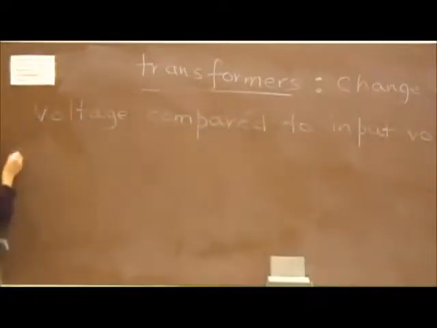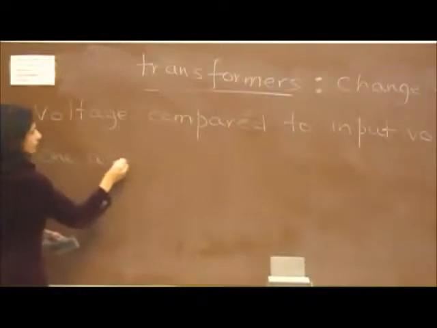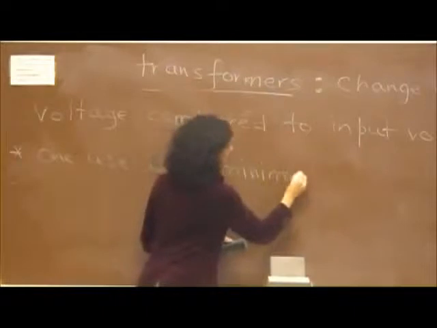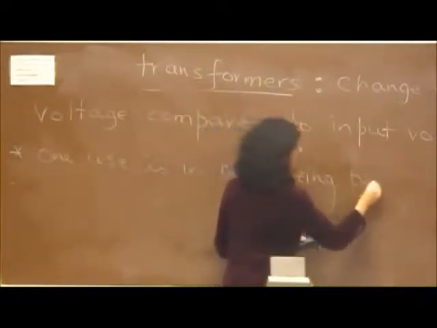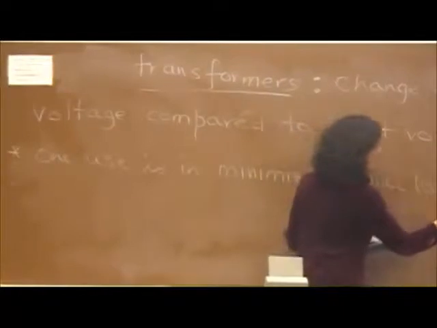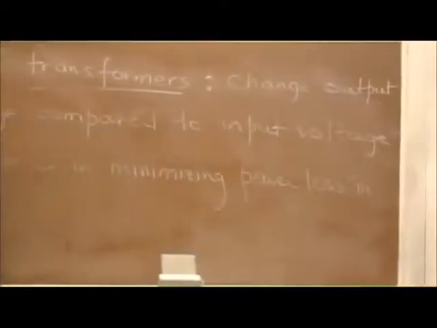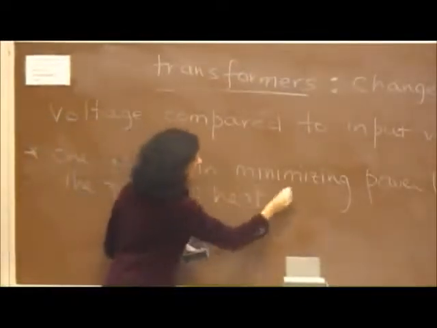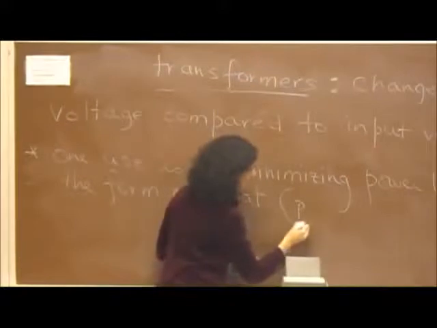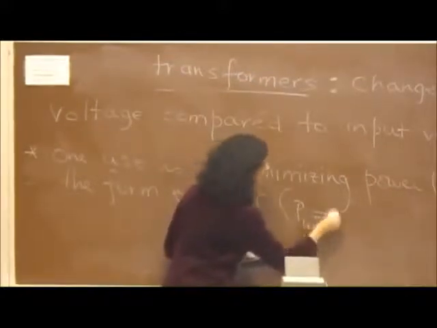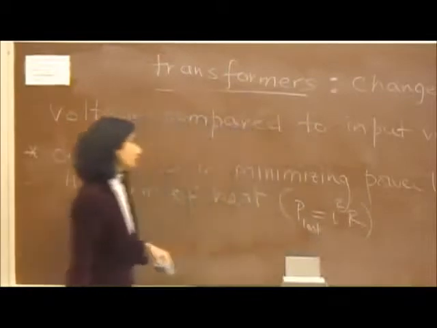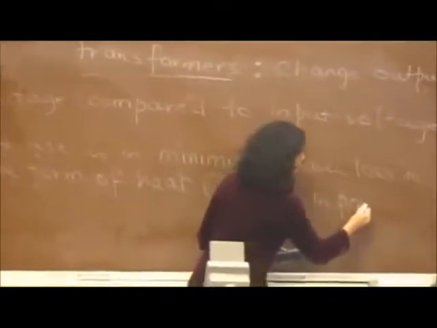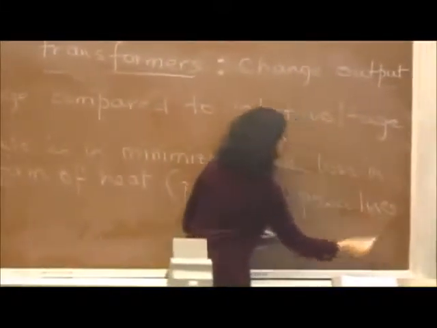And one use is in minimizing the power loss in the form of heat. What I mean by that is the power lost in the form of heat is I squared times R. So we are minimizing this power loss in the power lines when the power is being sent to our house.